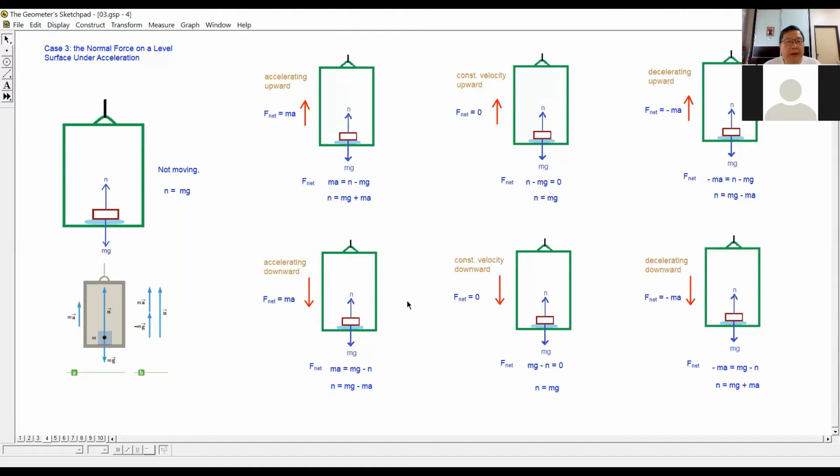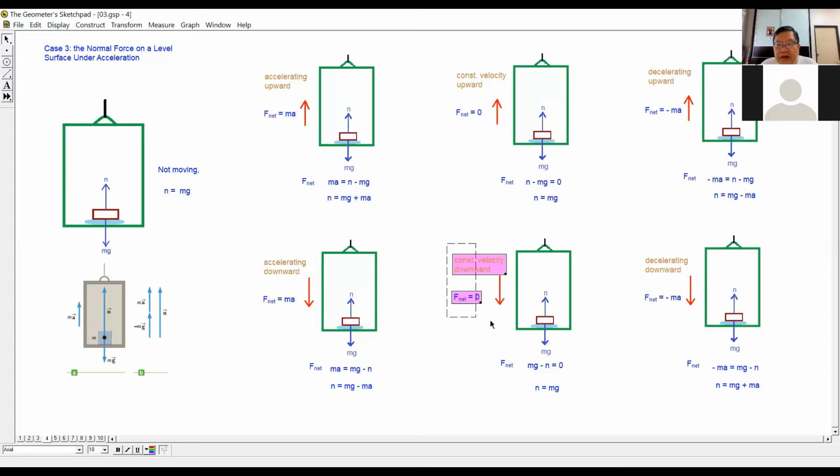Now, what happens when the lift is moving downwards? When the lift is moving downwards, we can have three cases. The lift is moving downward with acceleration.